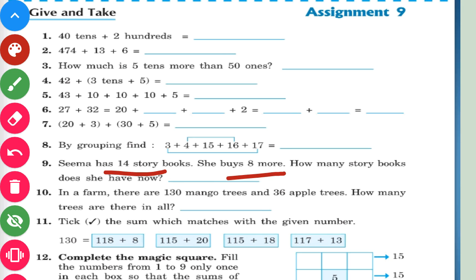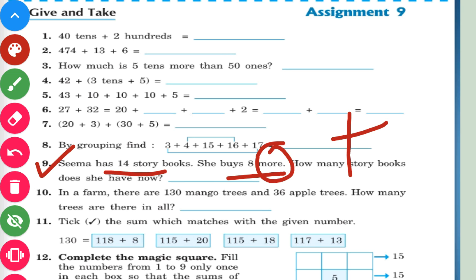She buys 8 more. How many storybooks does she have now? What will we do? More is there, that means addition. So you have to find out how many books she has now. This question also you will do yourself.